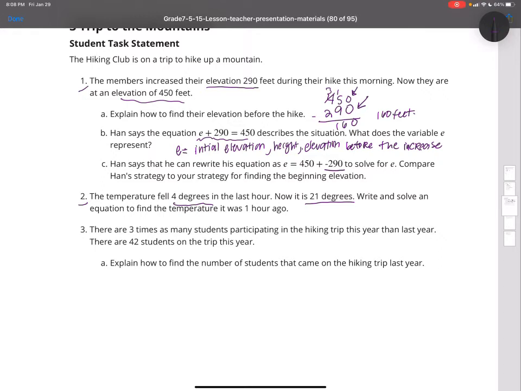Okay? Now, if I had to write an equation, I always tell my students, what's something that we don't know? What are we trying to find in this problem? We're trying to find the initial temperature, correct? Which is the temperature. All right, we could use a T for the temperature.